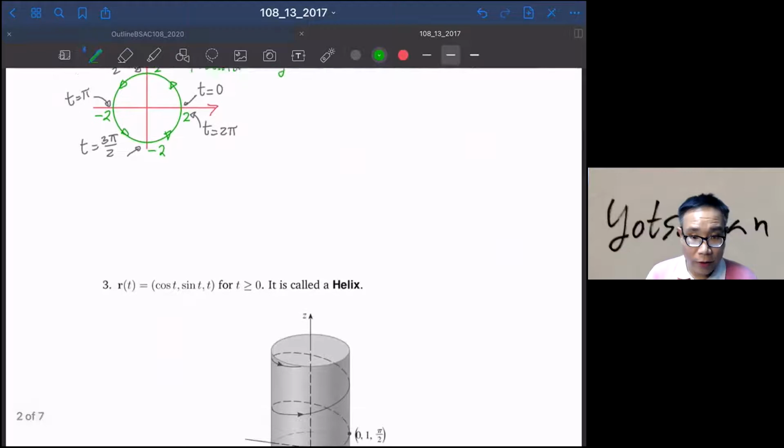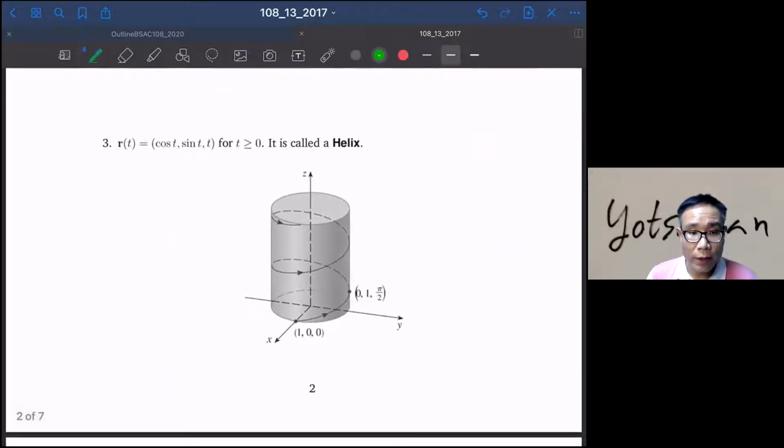And for the third one, you have r equal to cos t, sine t, and t, where t is positive. So this one is going to be a helix. You begin at 0. So r(0) turns out to be cos 0, sine 0, and 0, so it's going to be 1, 0, 0.